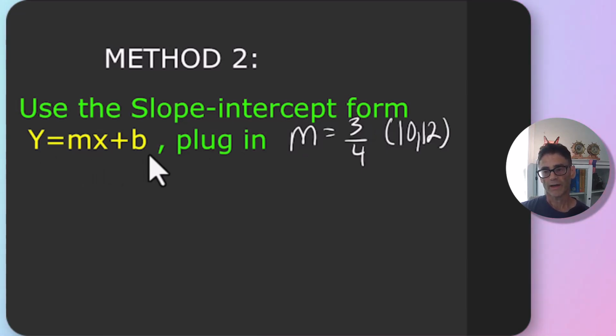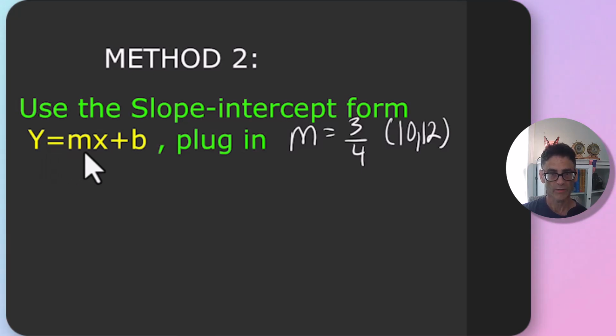What I'm going to do is just plug in what I know. Notice in this equation you really have four parts: a y, a slope, and an x, plus the b.